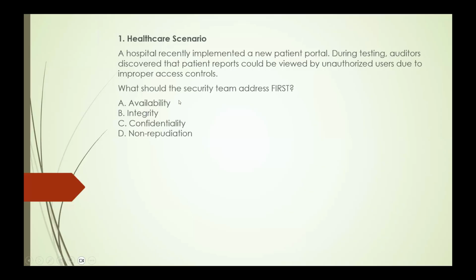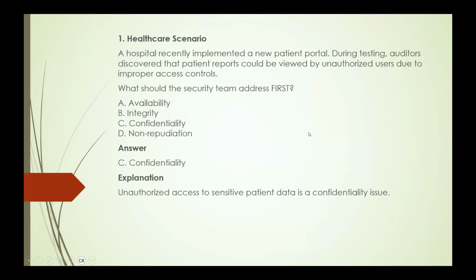Integrity: there is no change or misinterpretation of data here. The CIA triad doesn't have non-repudiation, so let's not concentrate on that. The remaining one is C for confidentiality. So confidentiality is the right answer, because unauthorized access to sensitive patient data is a confidentiality issue.